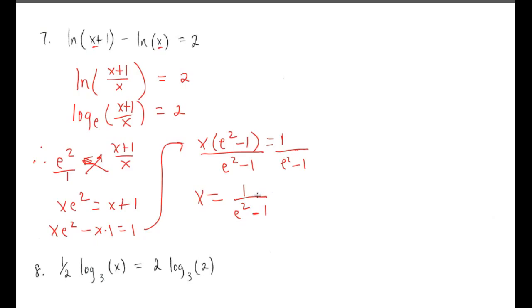If you're asked to give a decimal approximation of this, then I'll go ahead and calculate that now. So that should end up to be about 0.1565, if you're looking for a decimal approximation of this.